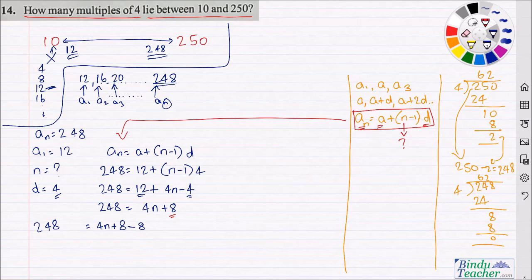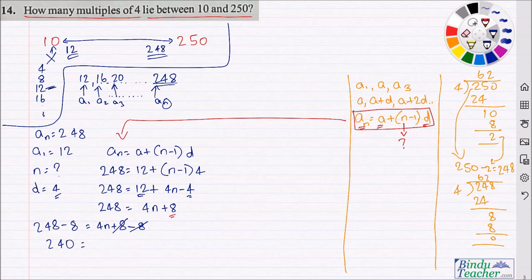Whatever we do on one side of the equation should be repeated on the other side of the equation. We do this to balance the equation. So plus 8 and minus 8 cancel out each other. On the left side of the equation we have 248 minus 8, which is 240.